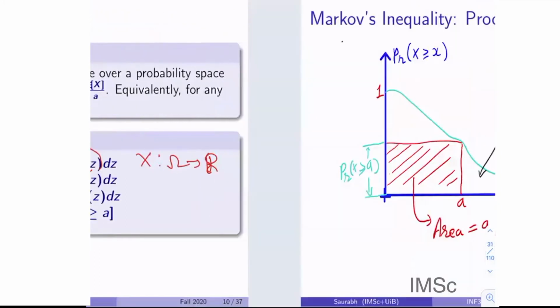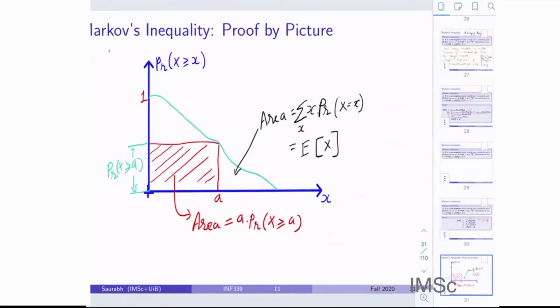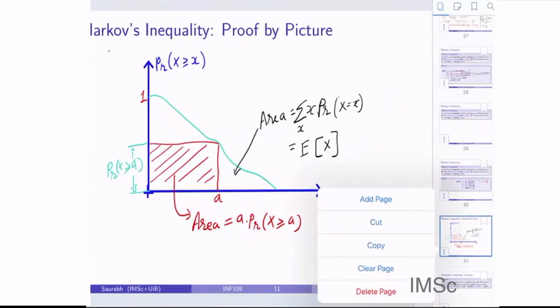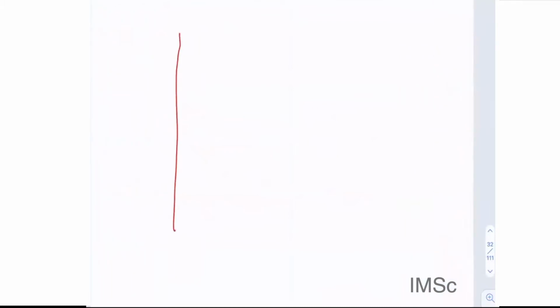But what I would like to show you is, maybe I should draw it slightly differently for you because all I've been doing is discrete. So let's not confuse you with a non-discrete quantity. Okay. So let's draw this curve. Here the value of X and here probability X equal to x.